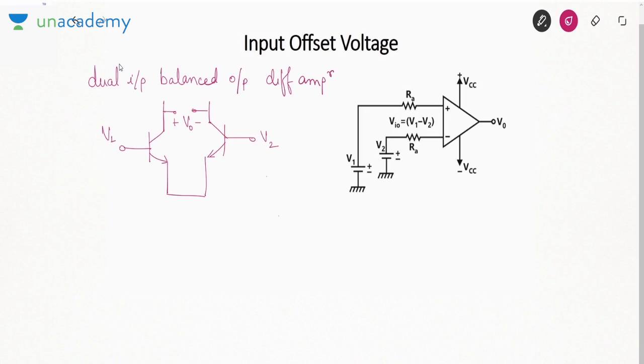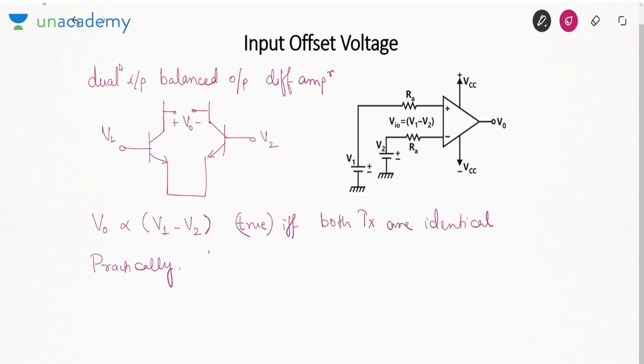Now in this case, generally what we say is V0 is proportional to the difference of the inputs. But that is not actually true. It will be true if and only if both transistors are identical. But practically both transistors cannot be exactly alike.